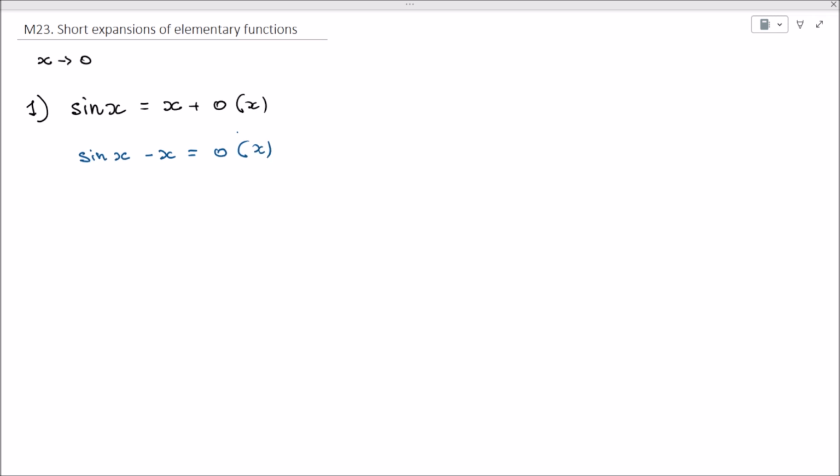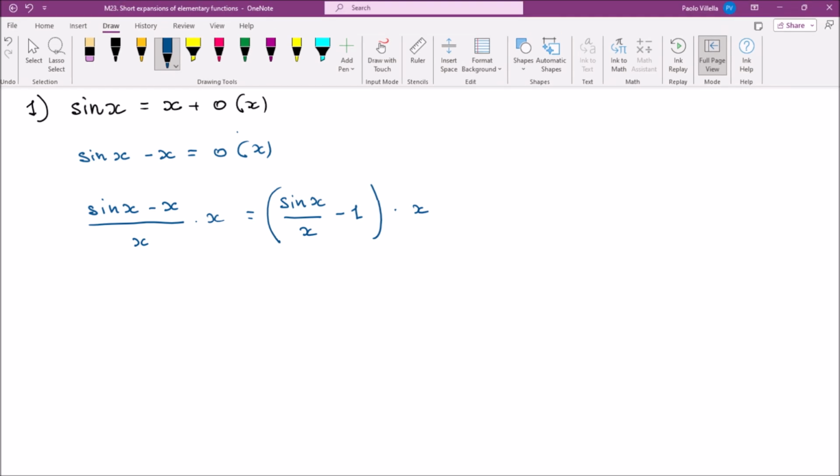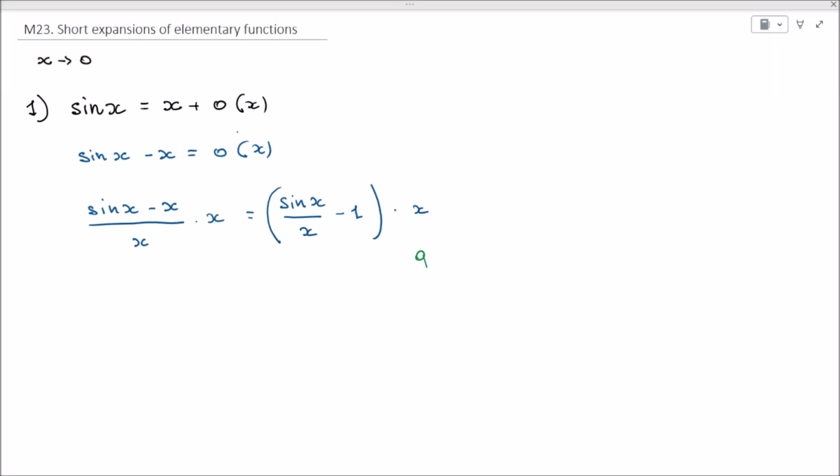Now we can rewrite sine of x minus x, and well, we can divide by x and multiply by x, right? So this becomes now sine of x divided by x minus 1, all this multiplied by x, and we immediately recognize this to be our g of x and this to be our omega.